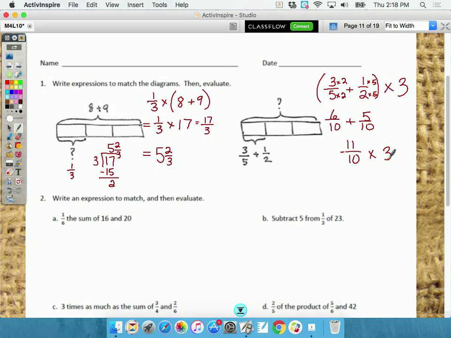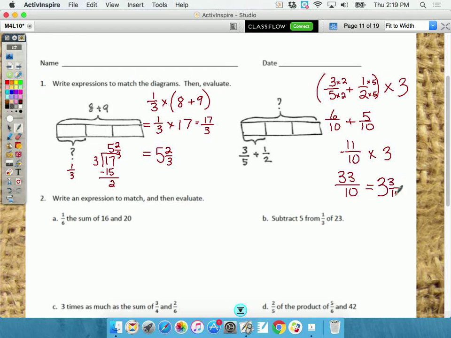times 3. Now in block 2, we figured out something very important. When you're multiplying, leave it an improper fraction until the end, because it's so much easier to multiply improper than it is mixed number. So here I just do 11 times 3, 33/10, which equals 3 3/10.